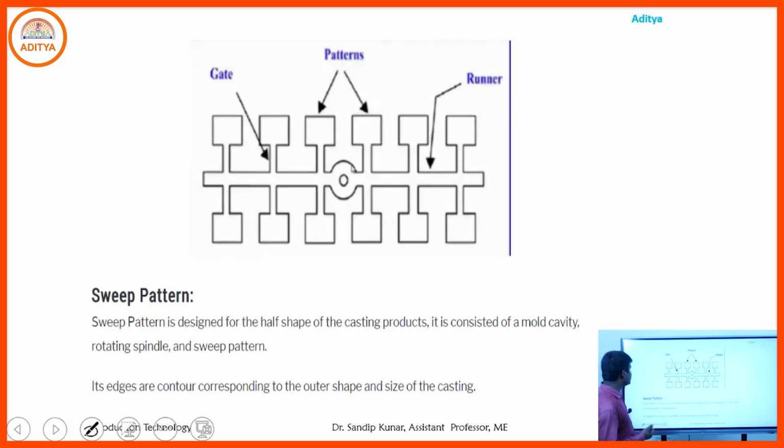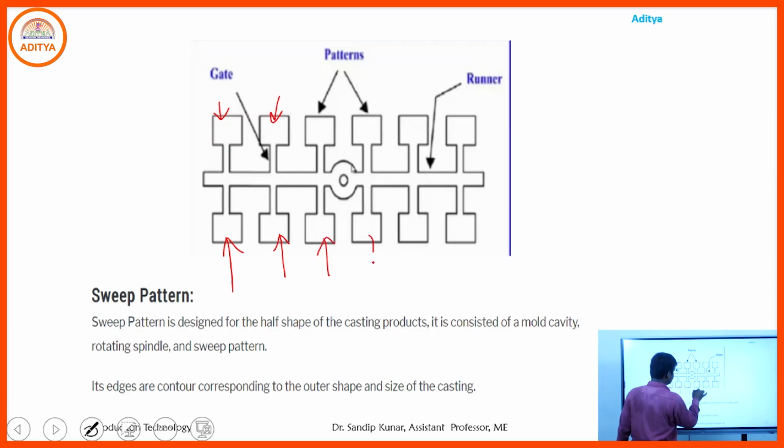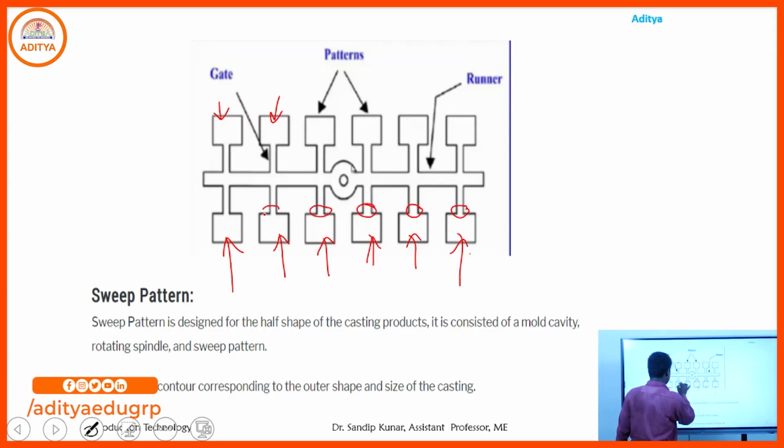You see, that is the picture of the gated pattern, means those are the different patterns. Okay, and that is the entrance, means those are the gates of that particular mold cavity.